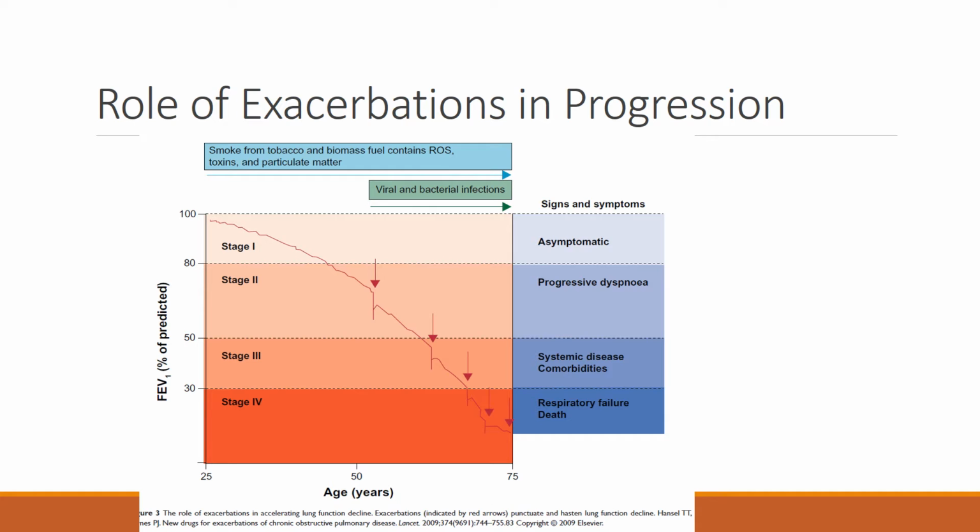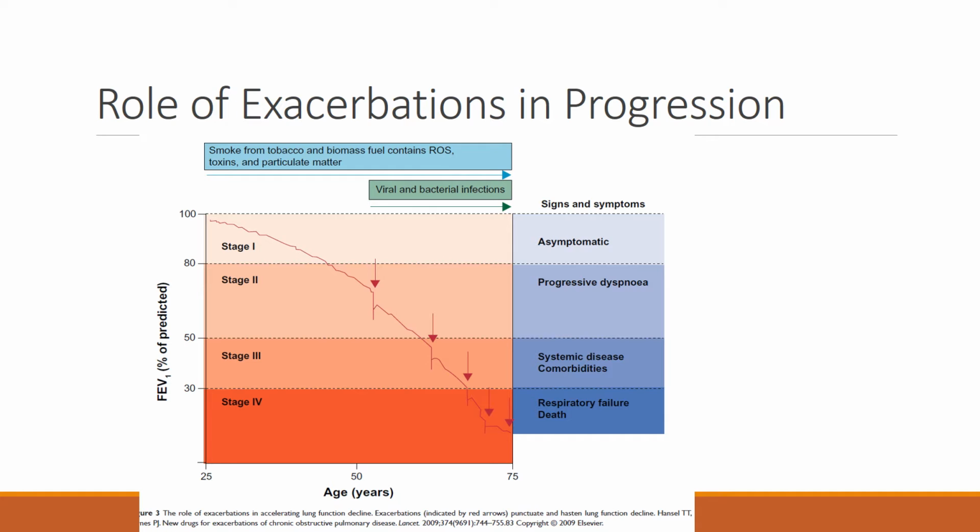And anytime the infections come on, and that's what you can see with the red arrows coming in, you can have exacerbations or bronchitis infections, other lung respiratory viral infections that come in. And each time that happens, that's just going to worsen the lung function. It's really hard to recover from that.